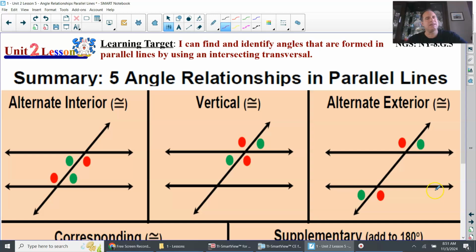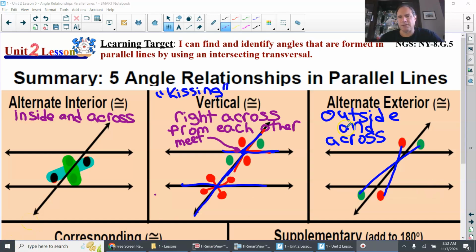So if you take a look at this here, these are the notes that we basically take. Remember, alternate interior are inside and across. So I highlighted the inside and across from each other, those alternate interior angles. Vertical angles, again, the green dots are right across from each other.